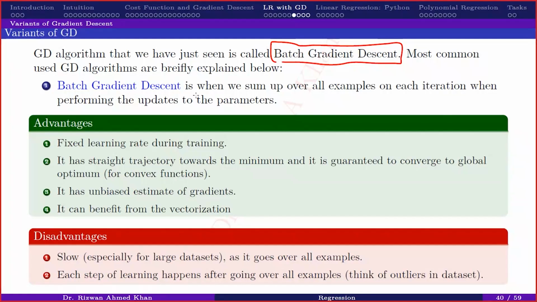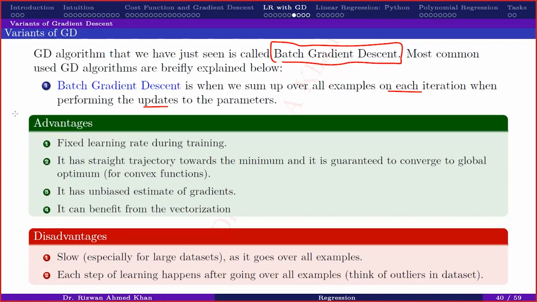Batch gradient descent is when we sum over all examples on each iteration when performing an update. So it updates after running over all the examples in a given data set.